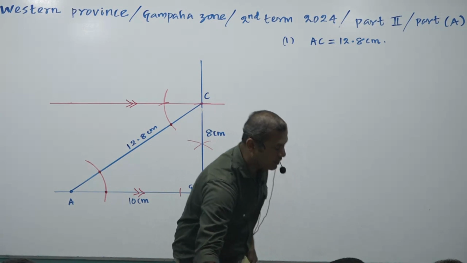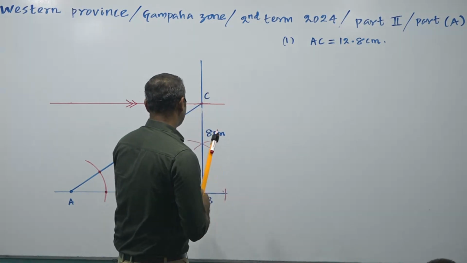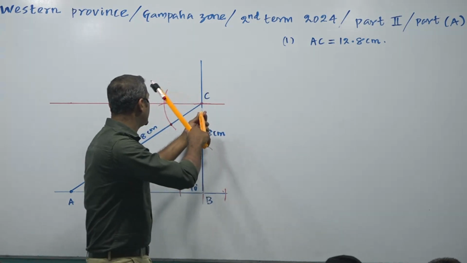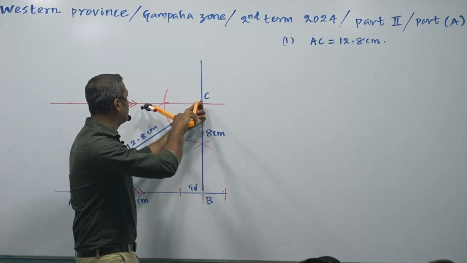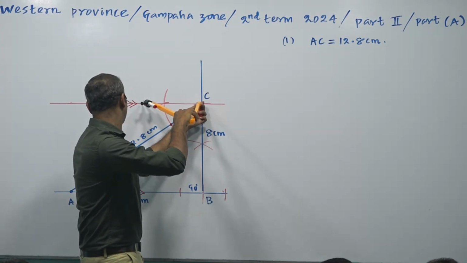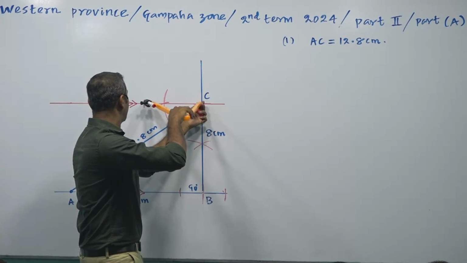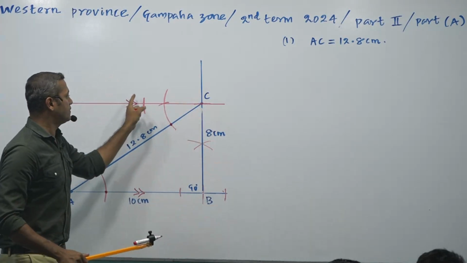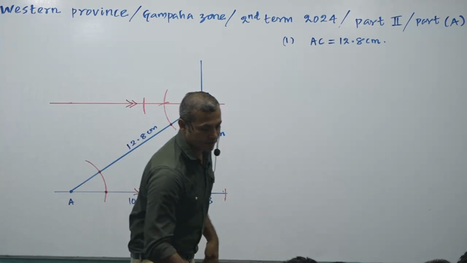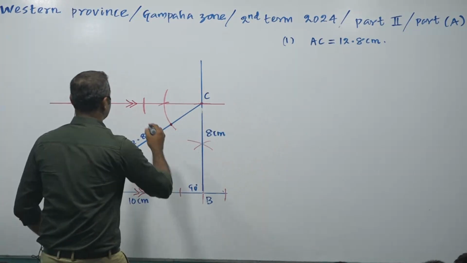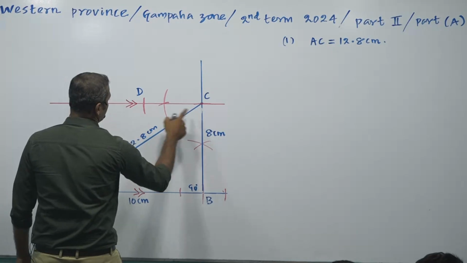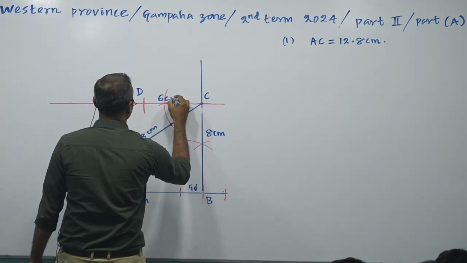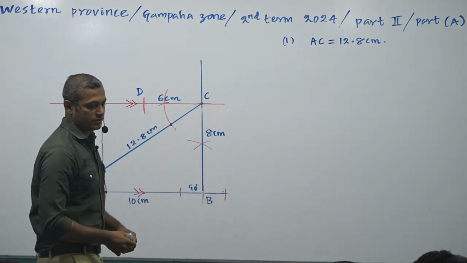Measure 6 centimeter in the compass and have a cut from C on the left side. Then this is D, and you know this is 6 centimeter.